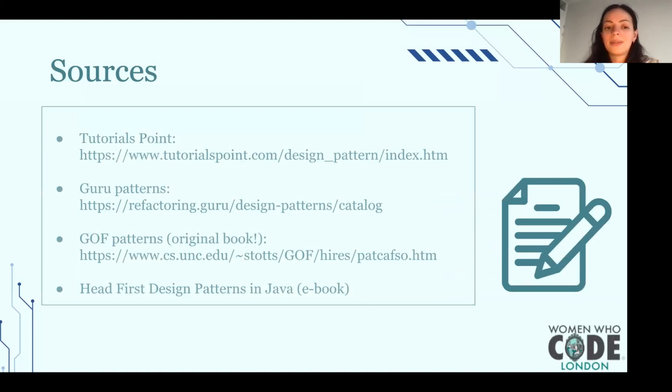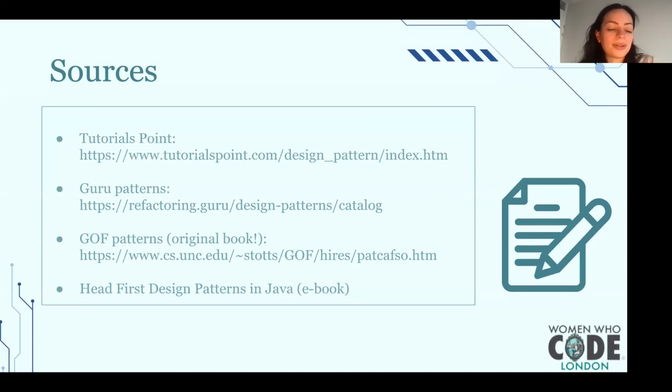These are sources. This is Tutorialspoint, my favorite in this list. They have examples very related to real life. Gang of Four patterns also have very beautiful examples as well. Well, you don't need to buy the original book. They have the same thing on the site.